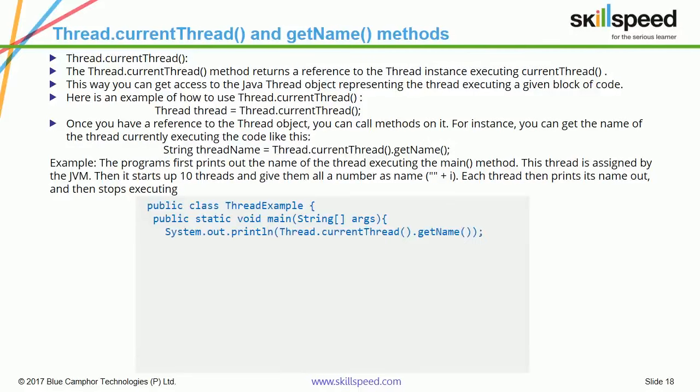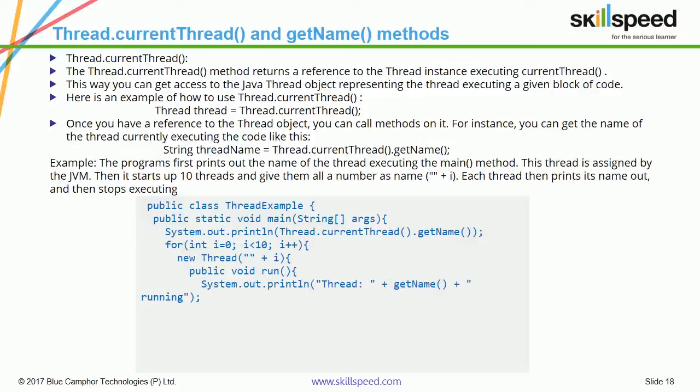public class ThreadExample { public static void main, System.out.println(Thread.currentThread().getName()); and I have a for loop, int i = 0; i < 10; i++, new Thread("" + i) { public void run() { System.out.println("Thread: " + getName() + " running"); } }.start(); This means we are creating a new thread and calling the start method for each of those threads.